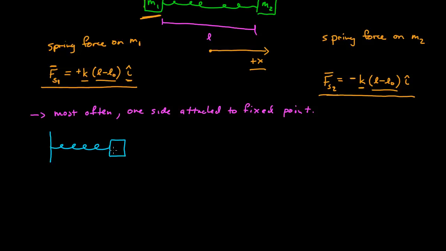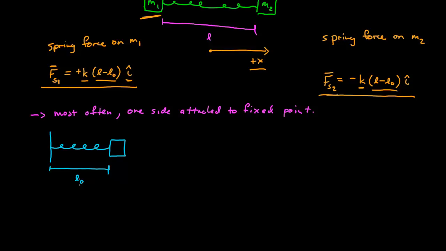Now, this is not a general situation. This is a subset of the general condition, but it allows us to simplify what our mathematical representation looks like. So, in this case, let's say right now that the spring is not exerting a force, so it is at its natural length, which we call L naught.